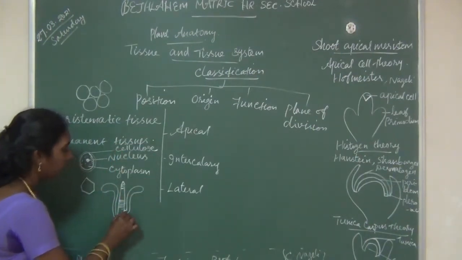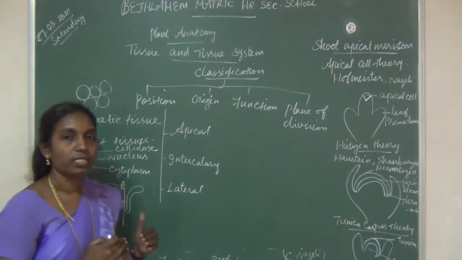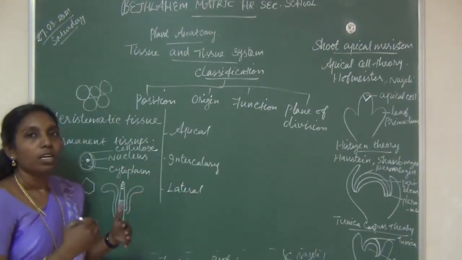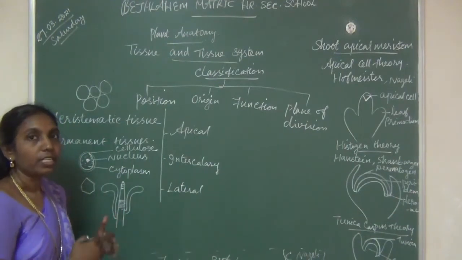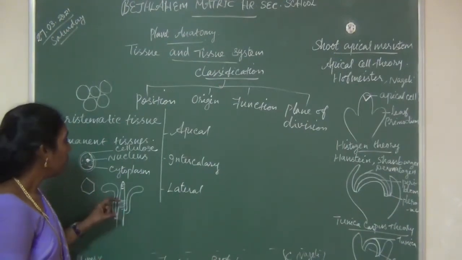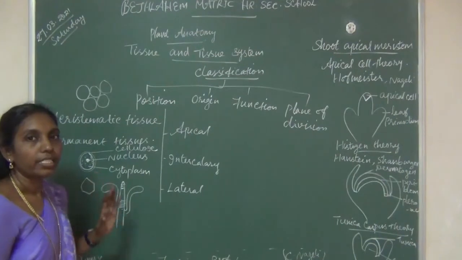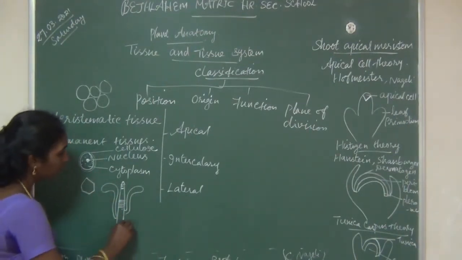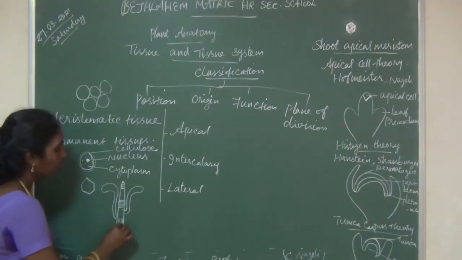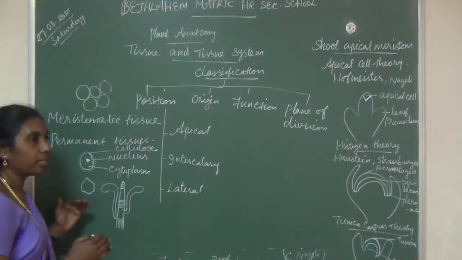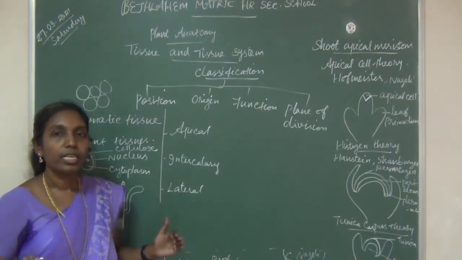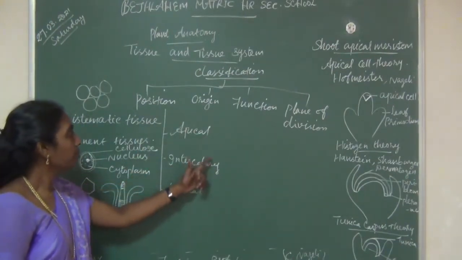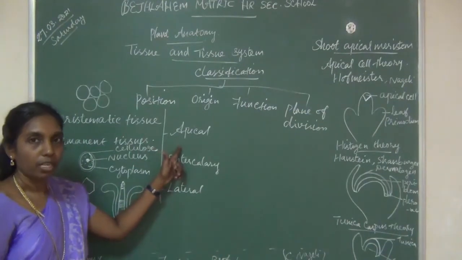These are the nodal regions. The region between two successive nodes is called an internode. So the intercalary meristem helps to elongate the internodal region. And the lateral meristem is used for secondary growth and helps to increase the width of the stem. So these are the meristematic tissues based on position.